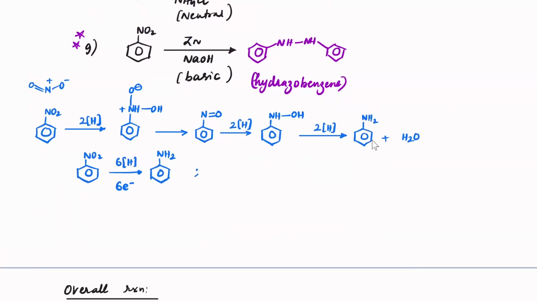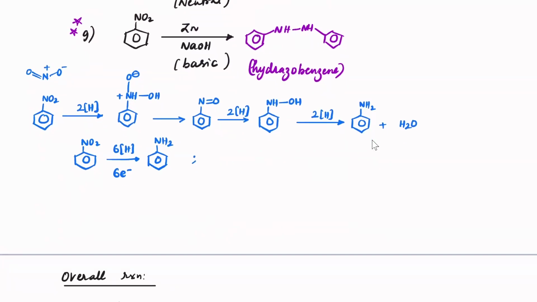There is no mechanism given as such, so it is only a guess that probably something like NH and OH, which we have made here, is treated with O double bond N, another reduced form. So probably first a protonation and removal of water is happening like this.